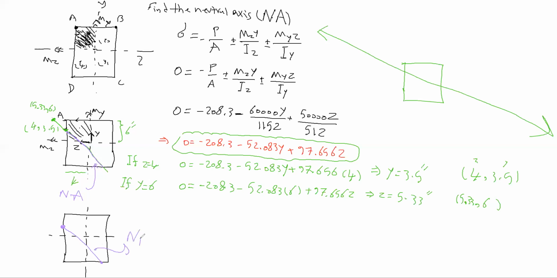This is the neutral axis, which means at this line the stress is 0. Any point on this line, the stress is 0. That's the neutral axis. And there is another interesting thing.